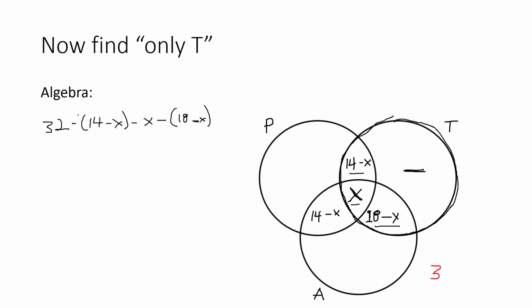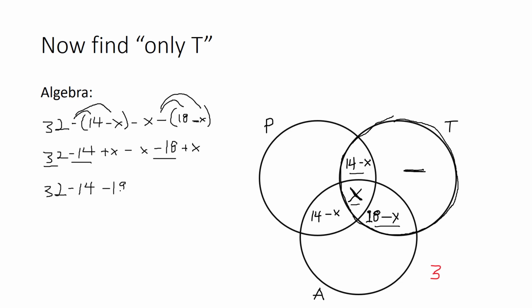Okay. Distribute that negative sign through to flip the signs because we're dealing with subtraction. Let's write them all in order. And now we cancel and group our like terms.